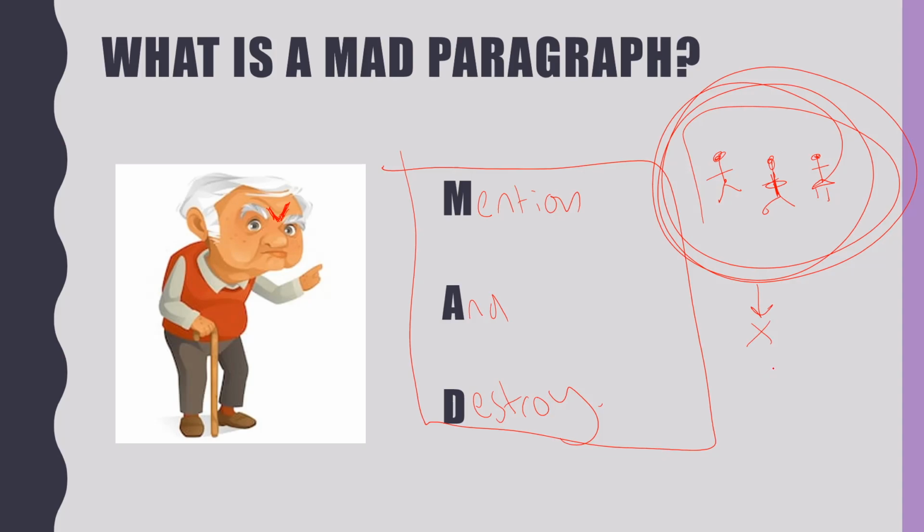They think that homework is good. The idiots. And here is a list of reasons why they're wrong. That's mention and destroy. So you're mentioning the people that disagree with you, and then you're destroying what they think. You're saying they think the homework's good, but they're idiots. They don't understand this, and this. Okay, so that's what this paragraph is for: mention and destroy.